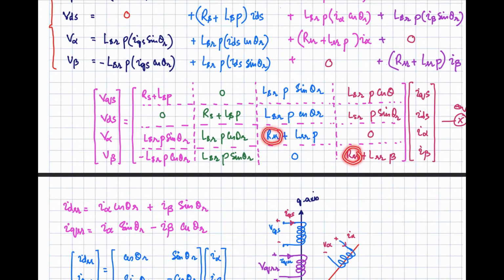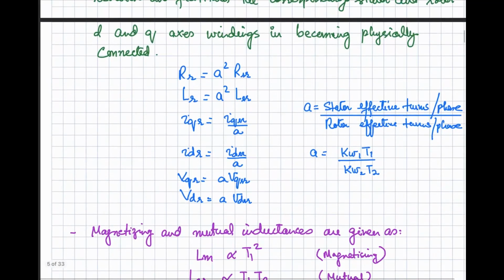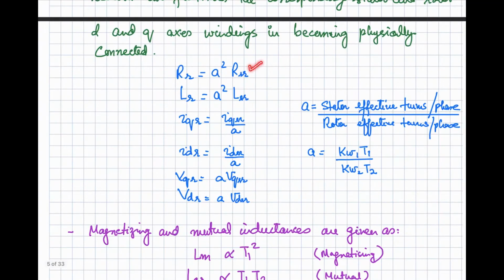Those were the resistances of the rotor along the rotor axis, the alpha beta axis, and now we are going to refer them to the stator side. So we are referring them with the square of the turn ratio. That is shown over here: LR is equal to A square into LRR, and RR is equal to A square into RRR.